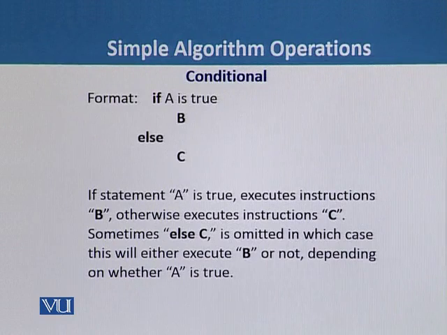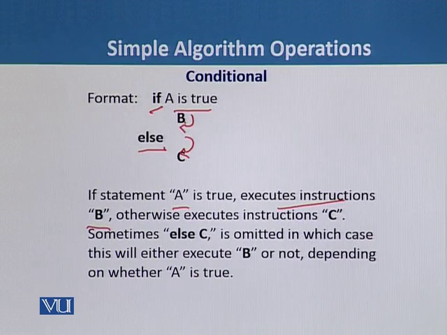So this is the third example of this simple algorithm operation, and we use a conditional algorithm. In this case, we can see here is if written. This is the condition, and this condition says if A is true, then go to B, and if A is not true, meaning else, then go to C. So if the statement A is true, execute instructions of B. Otherwise, execute instructions of C. And sometimes else C is omitted.